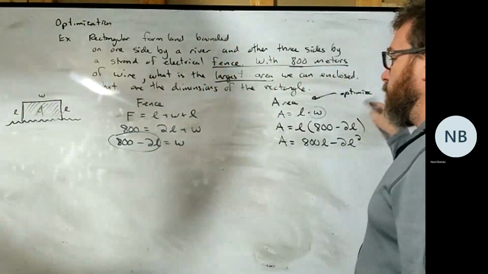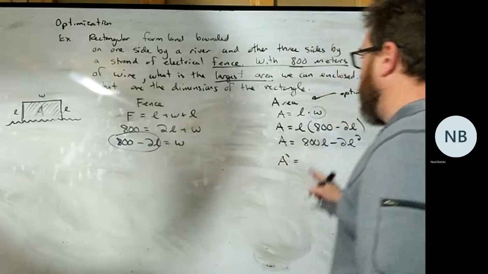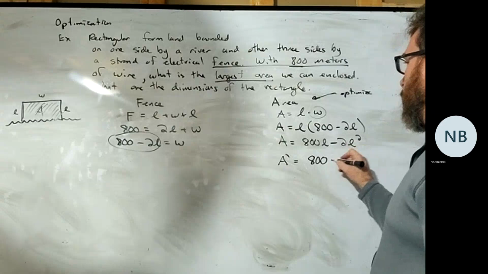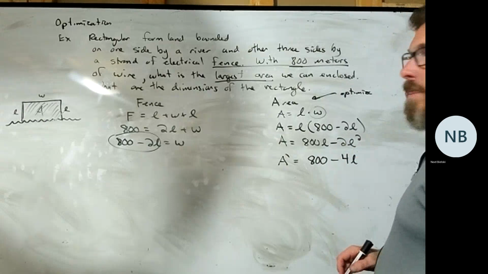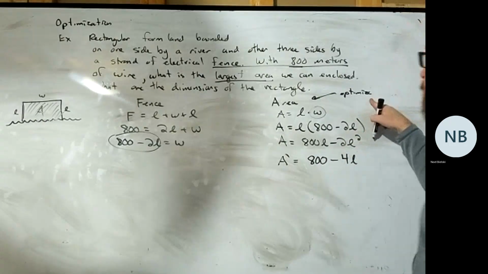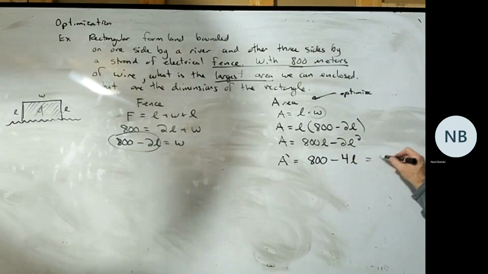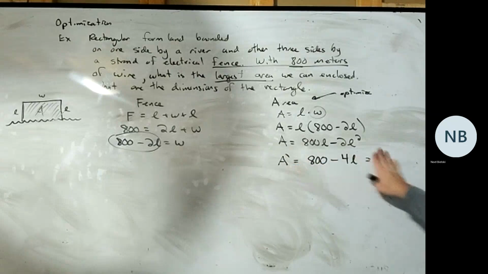Now I'm going to optimize, so that means I'm going to take the derivative of this. So A prime is going to be equal to, the derivative of this is going to be 800, and this is going to be 4L. And the way you optimize, the way you find your maxes or mins, is you take this derivative and then you set it equal to 0. So let A prime equal to 0.